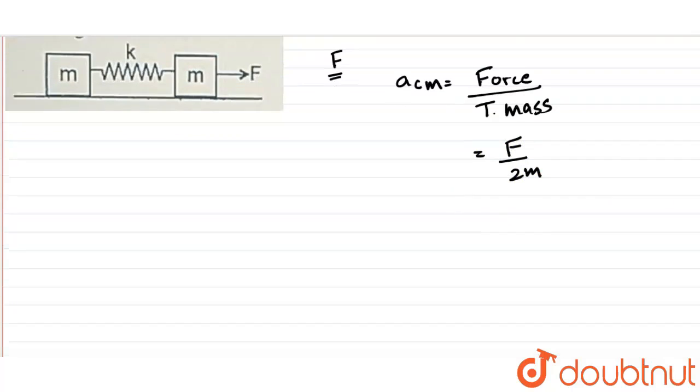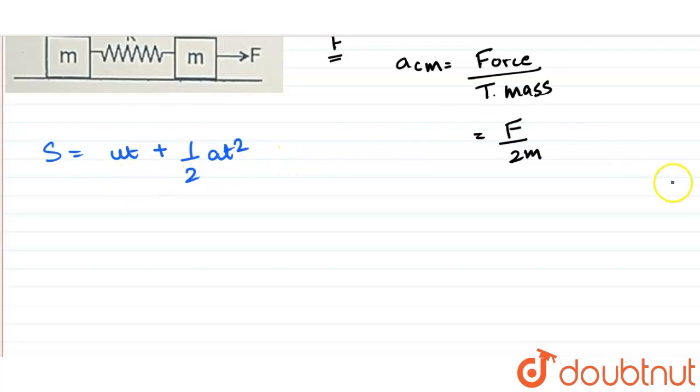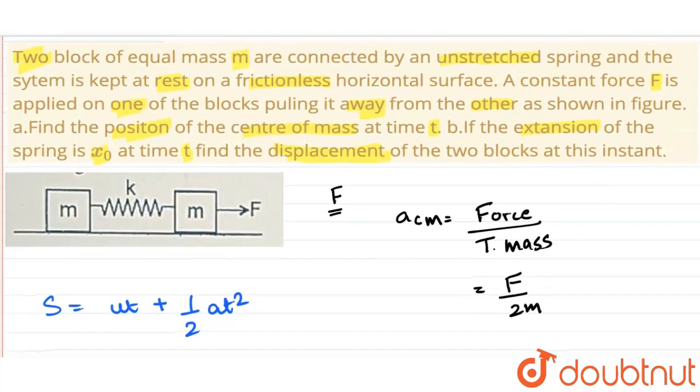Okay, from here using S equals to ut plus half at square, we know initially it is given that the system is at rest. Therefore, u comes out to be 0.